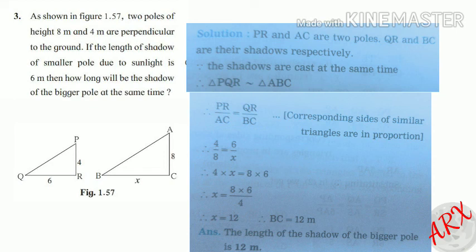Hence, shift 4 towards the right hand side. x equal to 8 into 6 upon 4. x equal to 48 upon 4 equal to 12. Hence, BC equal to 12 meters. And the answer is, the length of the shadow of the bigger pole is 12 meters.